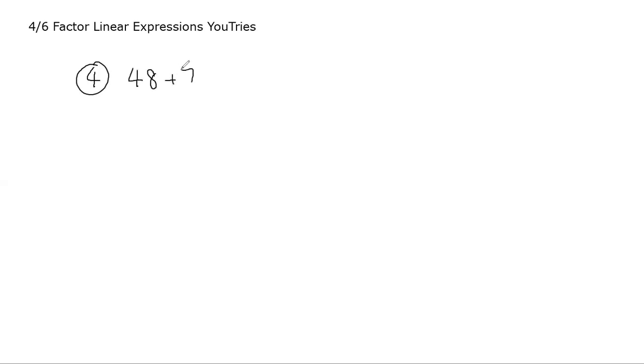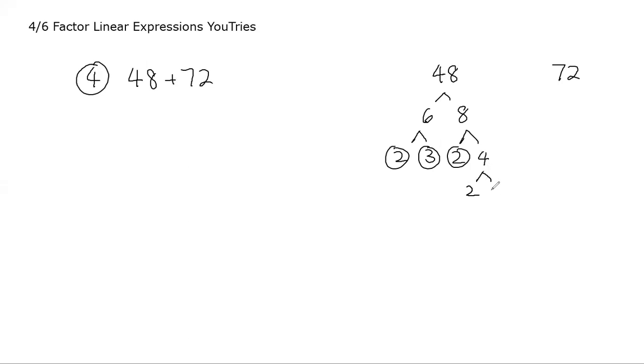Okay, number 4. 48 plus 72. Okay, greatest common factor. I don't use these numbers quite as often, so the greatest common factor is not off the top of my head. But I do know my times tables pretty well, so I know 48 is 6 times 8. 2 and 4. 2 and 2.